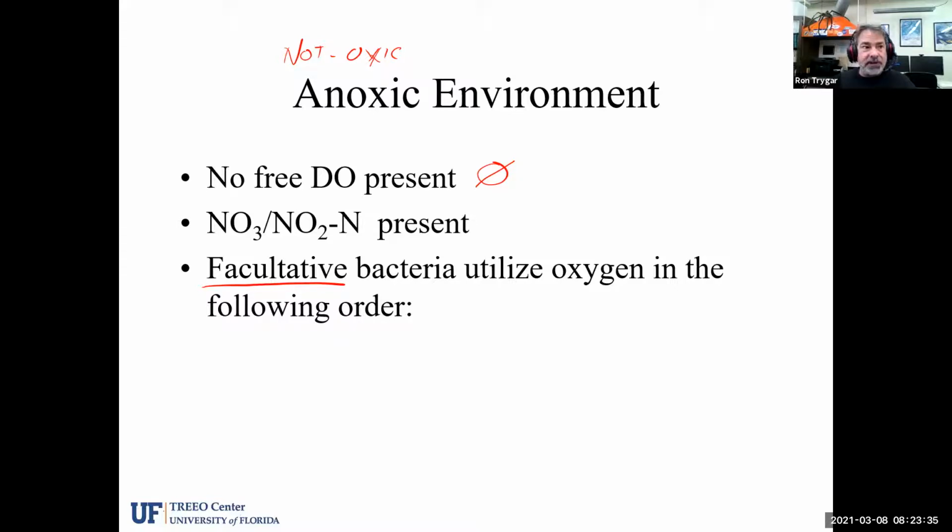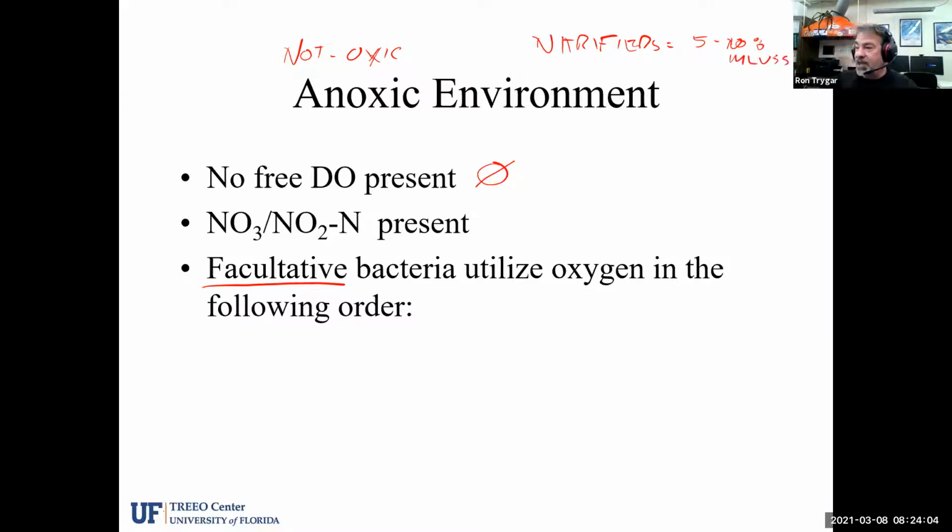We talked a little bit earlier about the aerobic bacteria, these nitrifiers. And we said that the nitrifiers, the nitrification process, made up about 5 to 10% of the MLVSS.